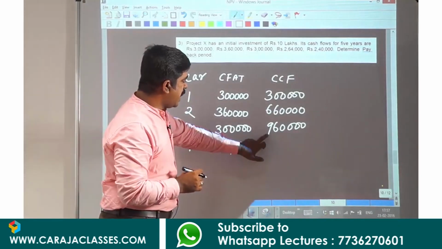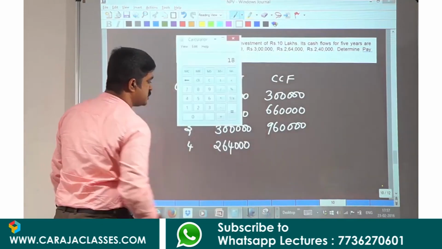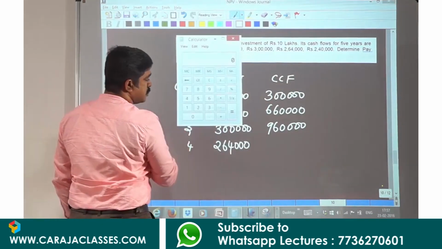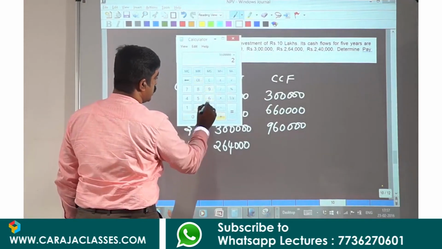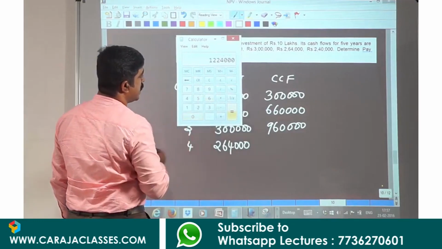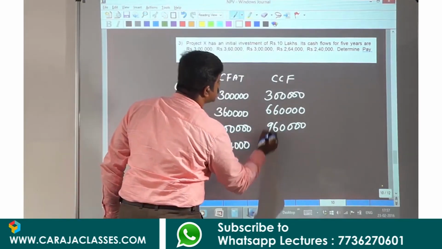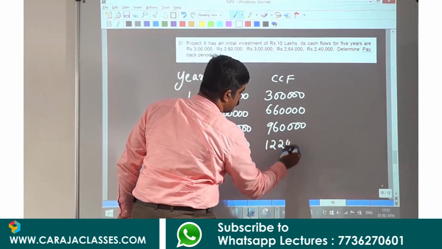Now, if I add this 2,64,000 with 9,60,000, let me see what the figure is. 9,60,000 plus 2,64,000 is 12,24,000.